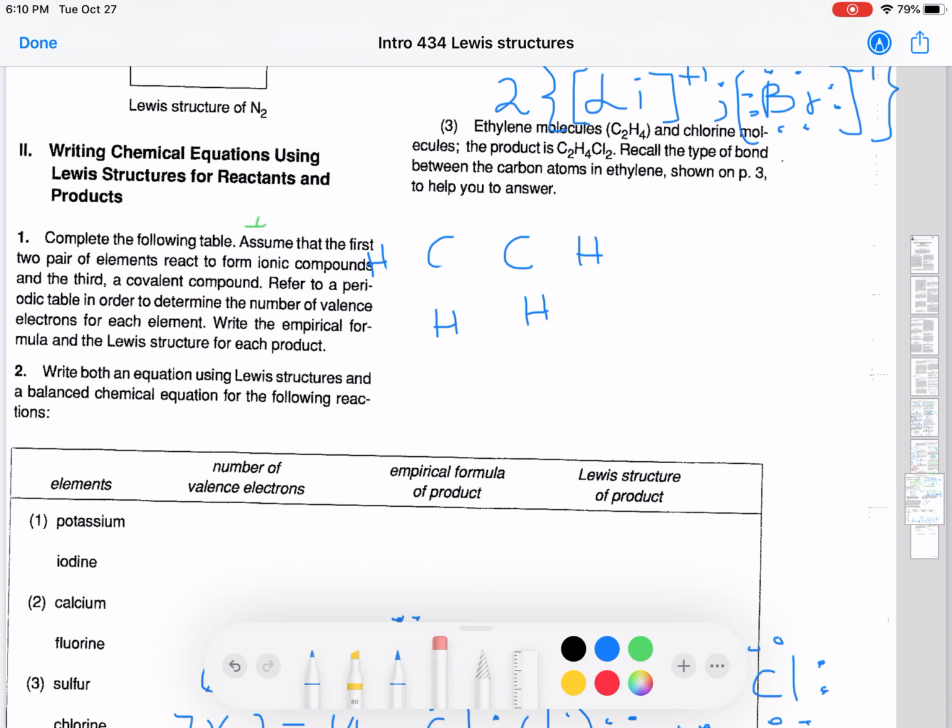I'm going to go ahead and draw the electrons. And then you will see there is a double bond between the 2 carbons when you draw the Lewis structure. Okay.